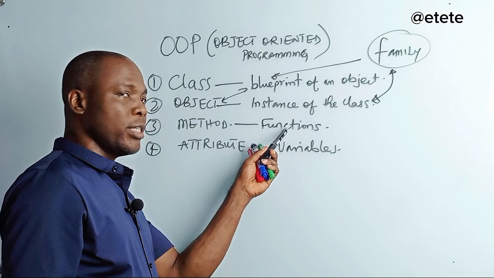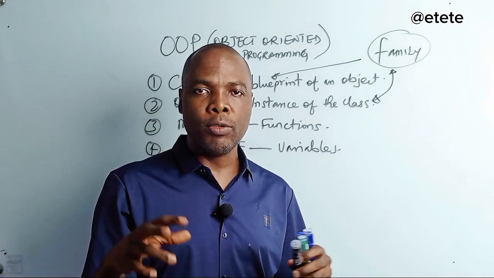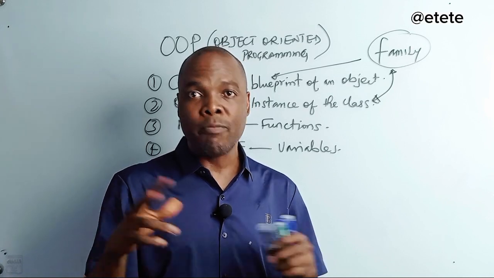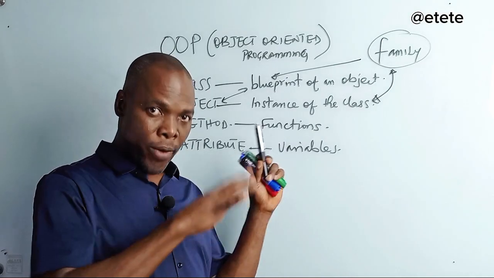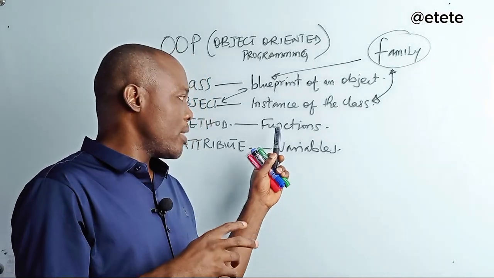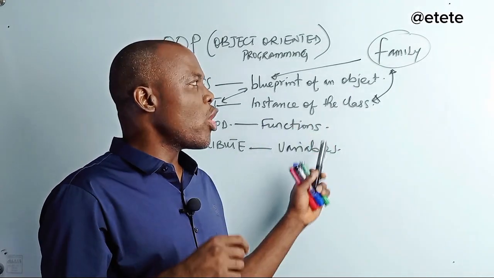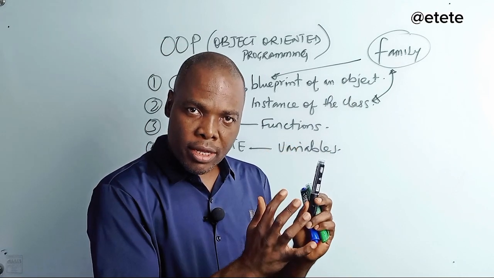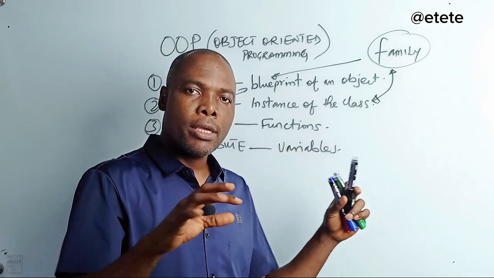That is what this is, function. This is variable. I told you this when I was giving the example of the Tower of Babel. I told you that each of the people represented functions when they were together. But when the languages changed, they were no longer representing functions. Each of them was now representing an object of the class because segmentalization came in. So we now have different people with different languages.